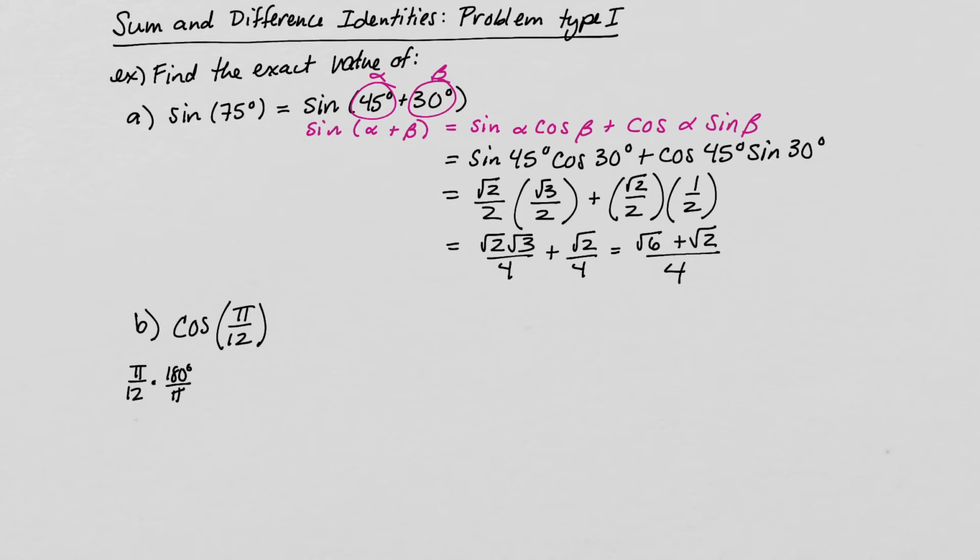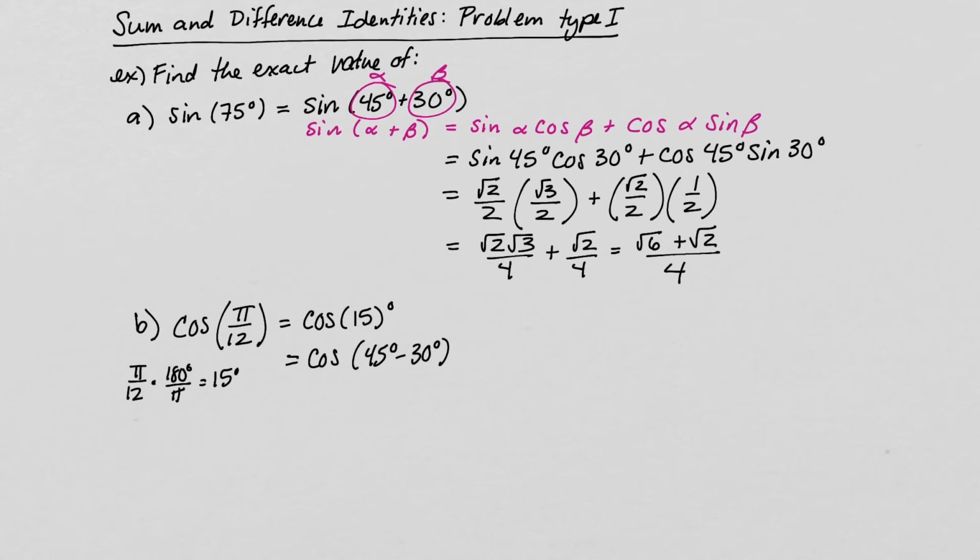If I do that division here, we end up with 15 degrees. So this is the same as saying the cosine of 15 degrees. And we can think of the cosine of 15 degrees as the cosine of 45 degrees minus 30 degrees.